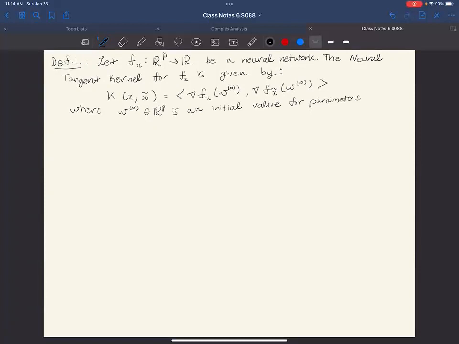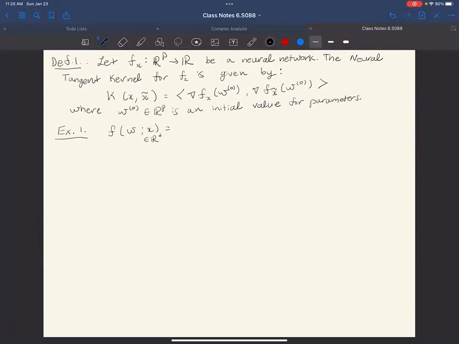So now let's go through a quick example of what this looks like. Let's say I have f, which I'm going to consider a neural network, and I'm going to write it in this general notation, f of w, x. For real valued x, actually I'll consider it in d dimensions here.